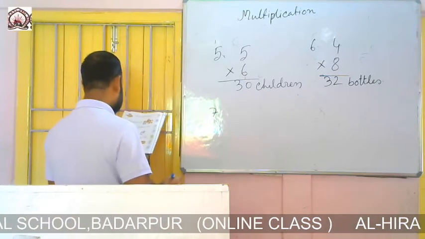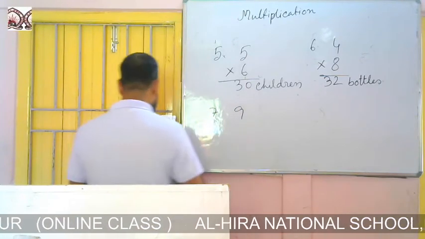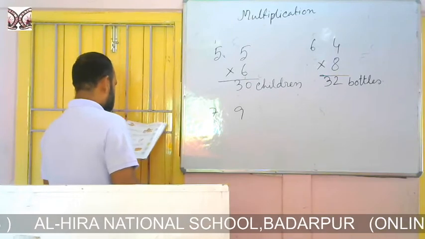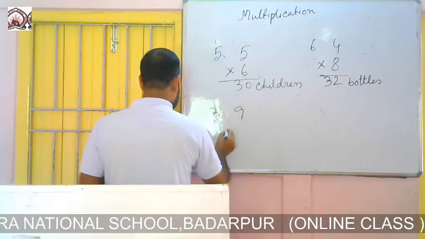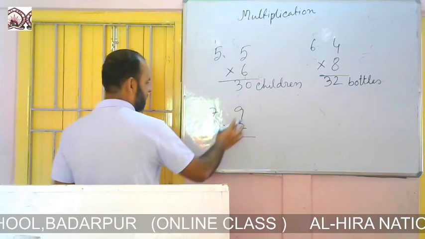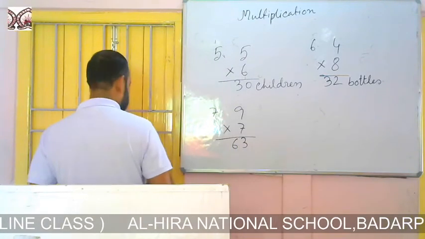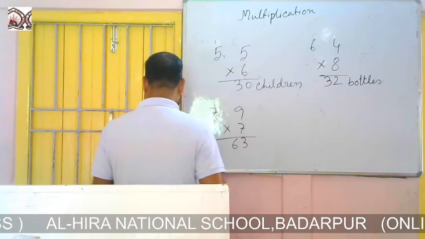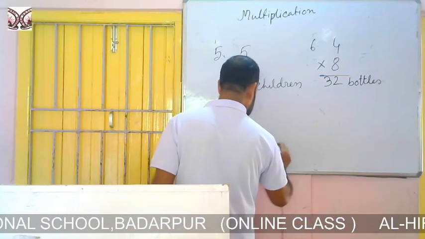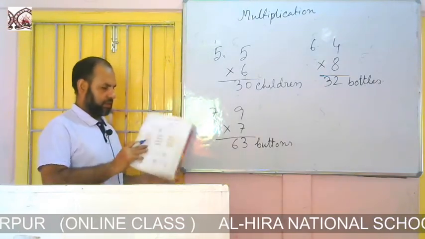Number of shirts is 9, and each shirt needs 7 buttons, so 9 7s are 63. 63 buttons.